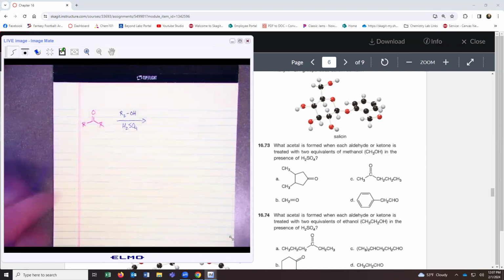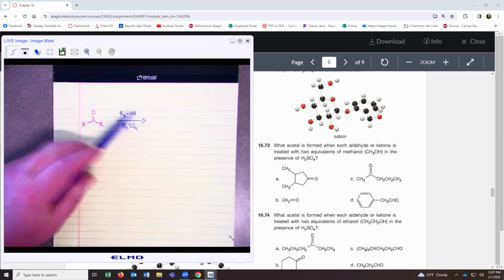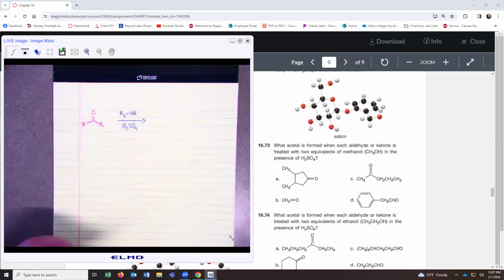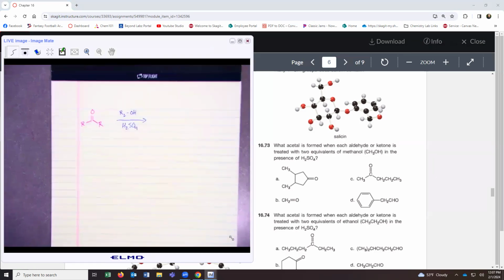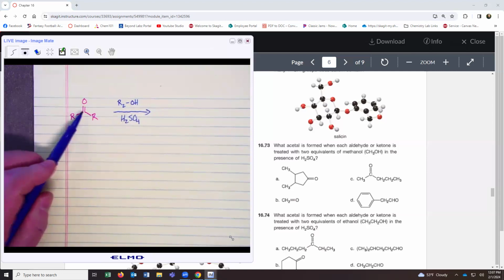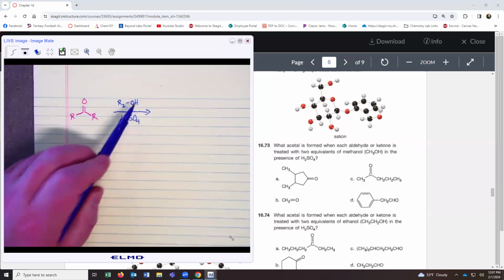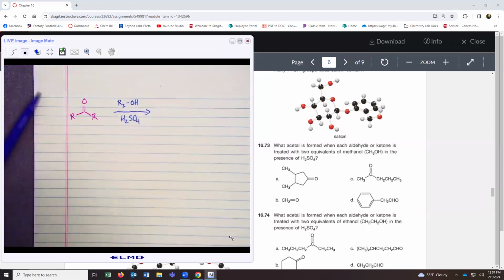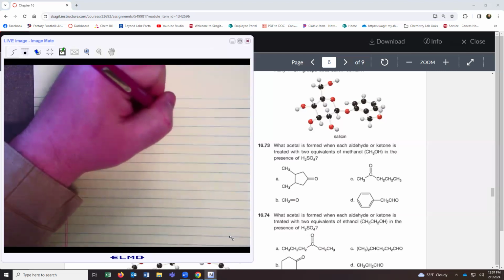Whenever we treat an aldehyde or a ketone with an alcohol in the presence of an acid catalyst, we end up exchanging both of those carbon-oxygen bonds for new carbon-oxygen bonds between this carbon and the oxygen of that alcohol. So we make an acetal.